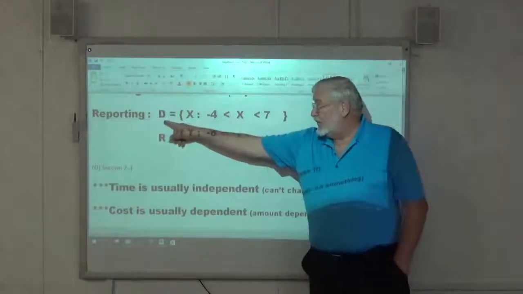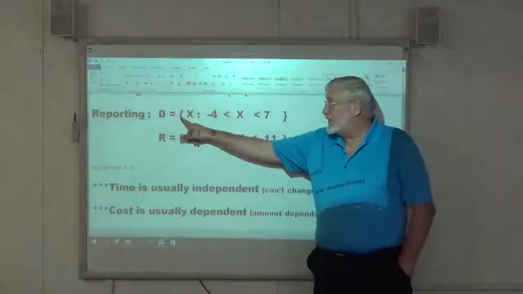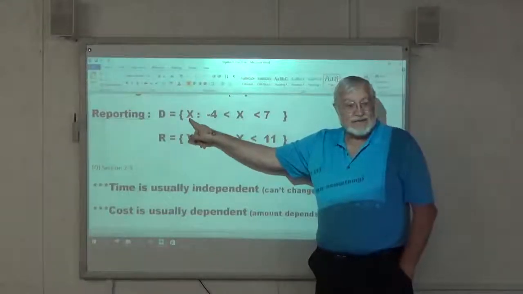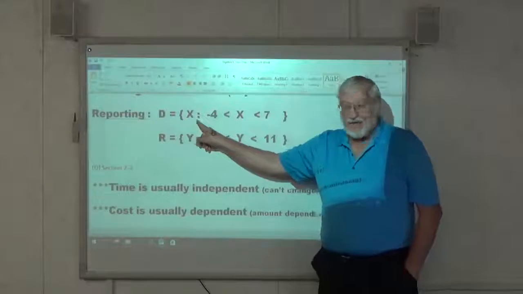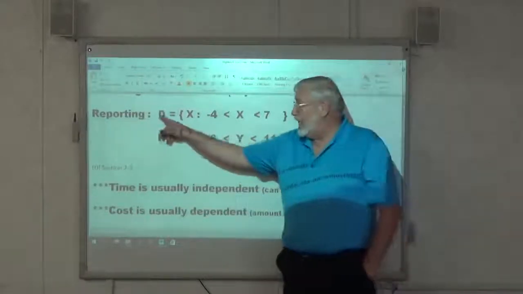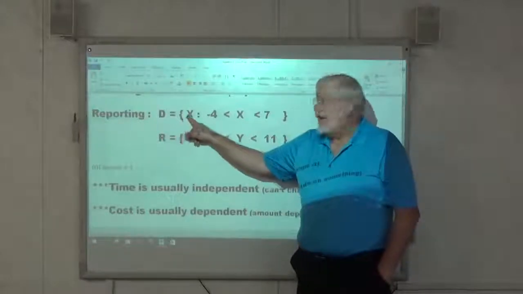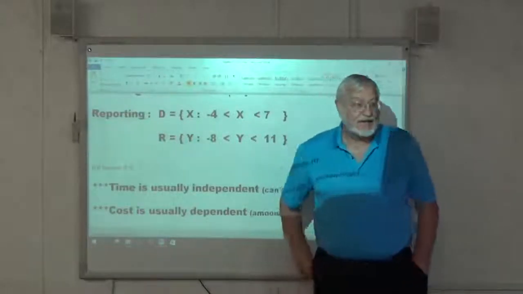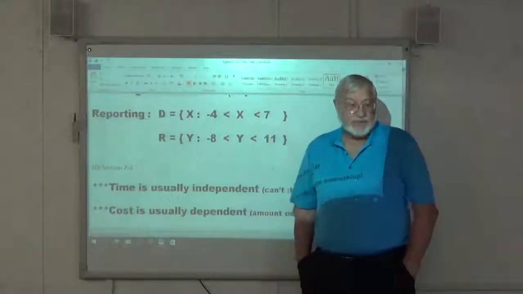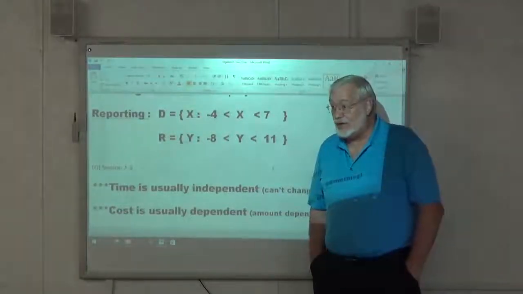You're going to write D equals the set of x's such that. What does D stand for? Domain. Domain is equal to the set of x's such that, and then what comes after is the equation. In this case, the inequality.